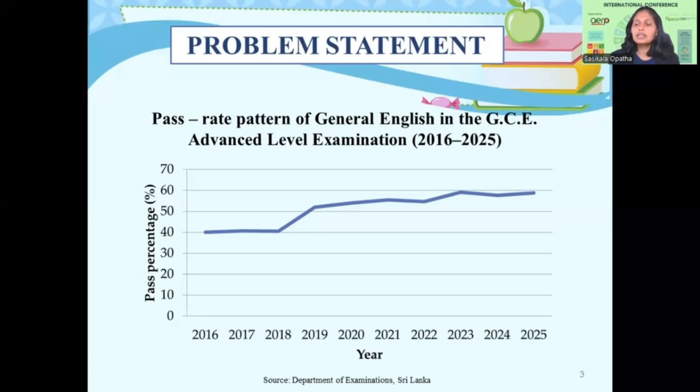There is a kind of stagnation between 2019 and 2025 with fluctuation between 52% to 59%. Other than this stagnation, a serious problem is that more than 40% of the students couldn't achieve required English skills even after 13 years of learning English.